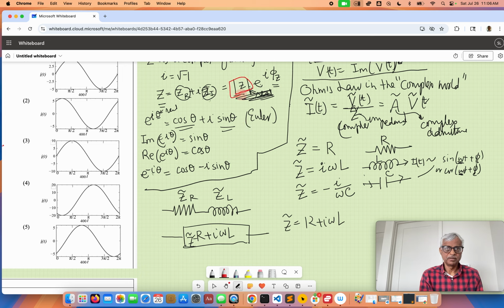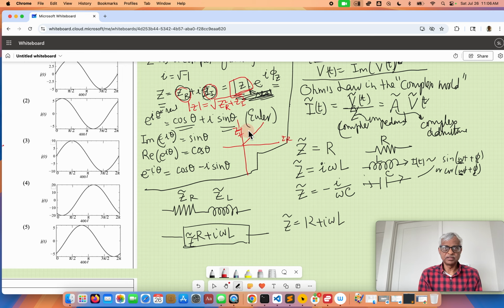This part you can study more in some other books, okay, but I'm just going to write down here and use it: Z I squared, so imaginary part plus real part, square plus square. The way you can see this is you can actually draw a picture. So this is ZR, ZI. Draw an X and Y diagram.